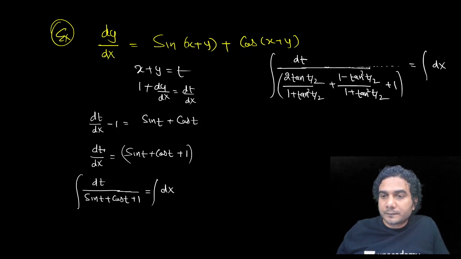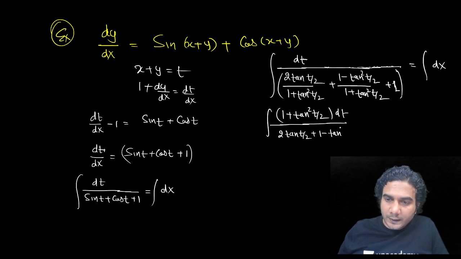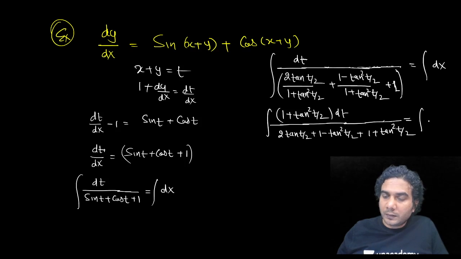Then 1 plus tan square t by 2 you can take to the numerator, and this is sec square t by 2 basically, and it will become, taking the LCM 1 plus tan square, tan t by 2 plus 1 minus tan square t by 2 plus 1 plus tan square t by 2, is equal to dx.